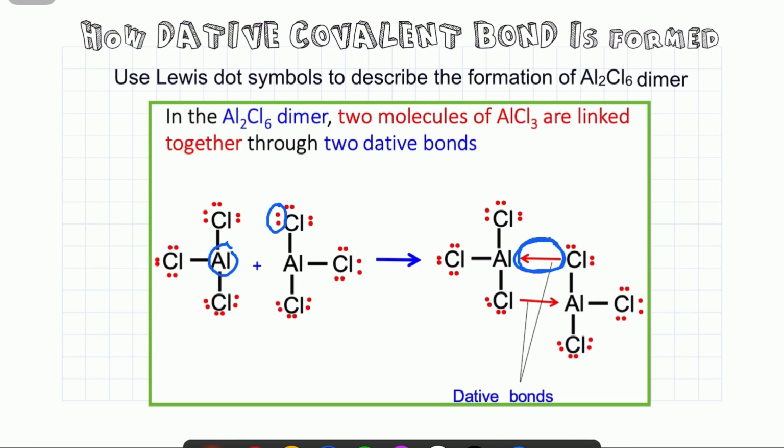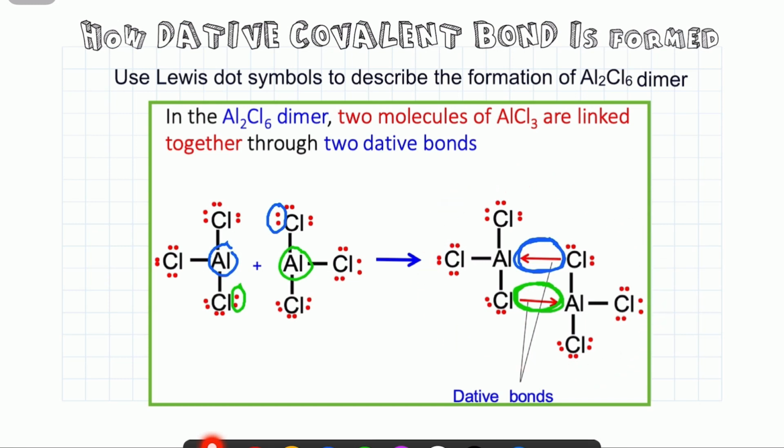For this one, the chlorine also uses one of its lone pairs to form a bond with the aluminium, so it forms a dative covalent bond here. You can see that there are two dative bonds in the Al2Cl6 dimer. This one we call a dimer.